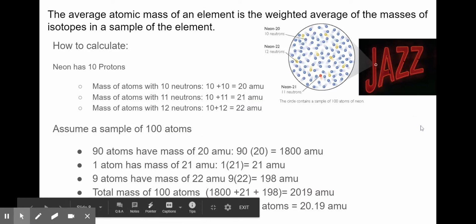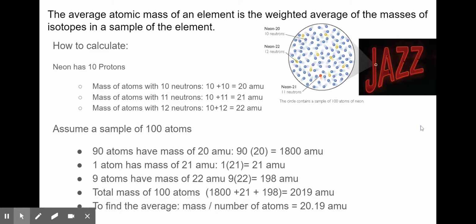The average atomic mass of an element is the weighted average of the masses of the isotopes in the sample of that element, okay? So what you'll see there on the right-hand side, you see a sample of 100 atoms of neon. And so you'll see the blue spheres are neon 20, and those atoms have 10 neutrons.